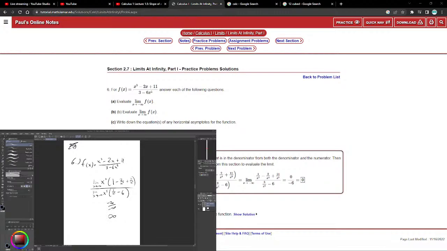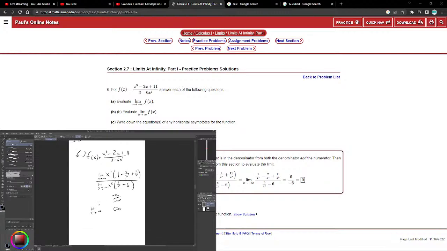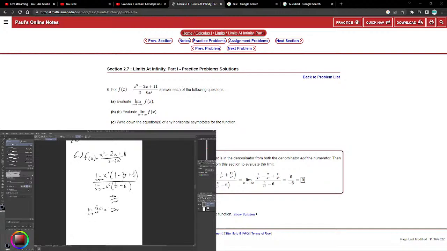Positive infinity? Zero. Will you factor out the exponent from what?